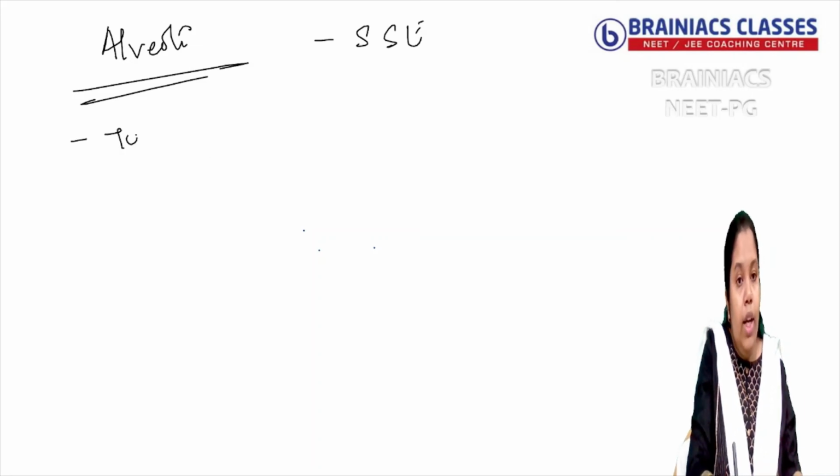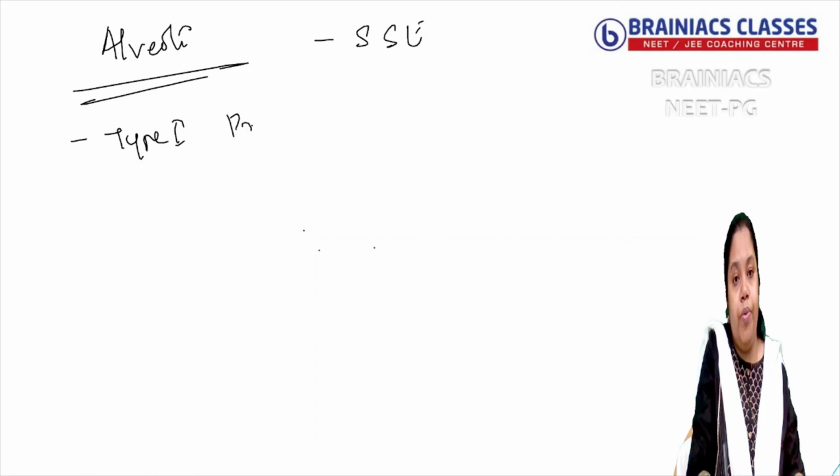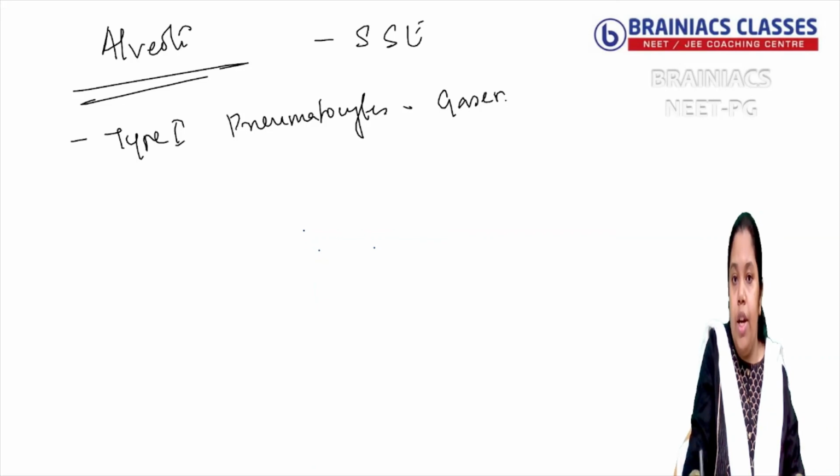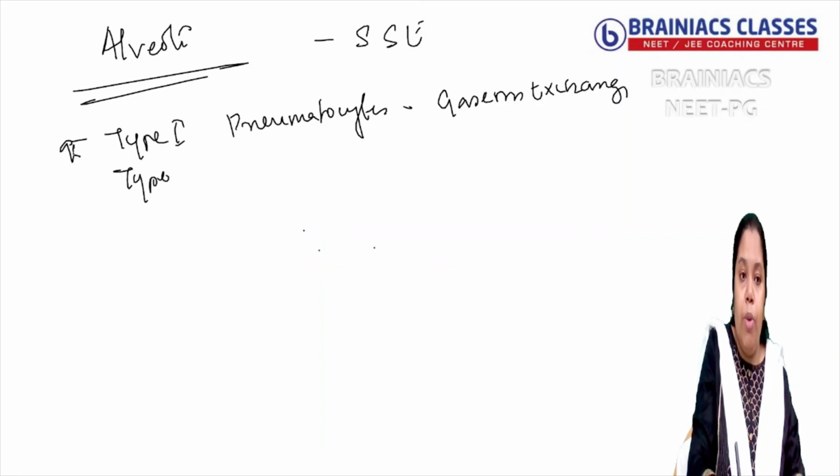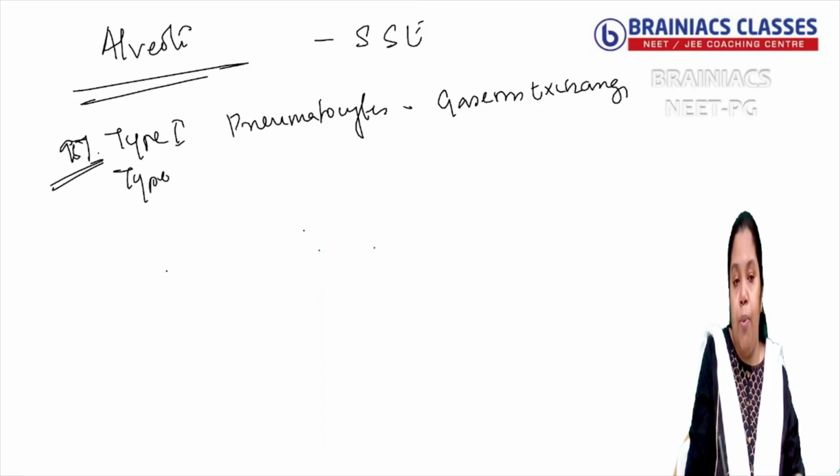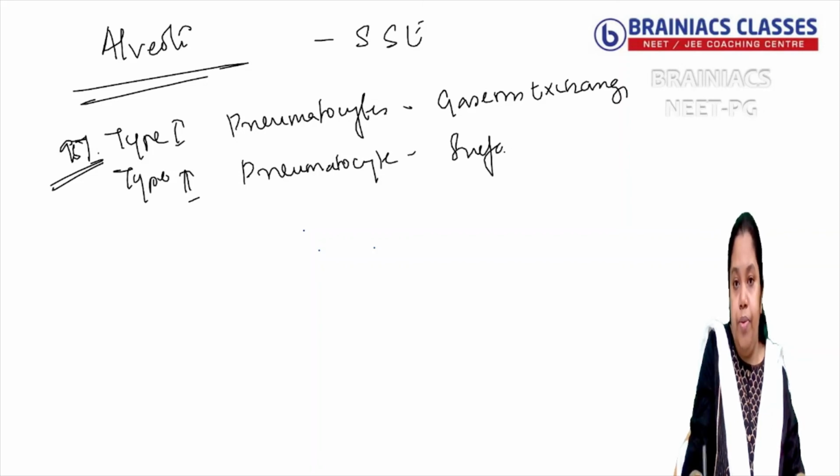This includes type 1 pneumocytes. Type 1 pneumocyte, what is the function? Gaseous exchange, right? Then you have type 2. Type 1 pneumocytes make up 95%. Then you have type 2 pneumocytes, and we know type 2 pneumocytes are associated with surfactant production.